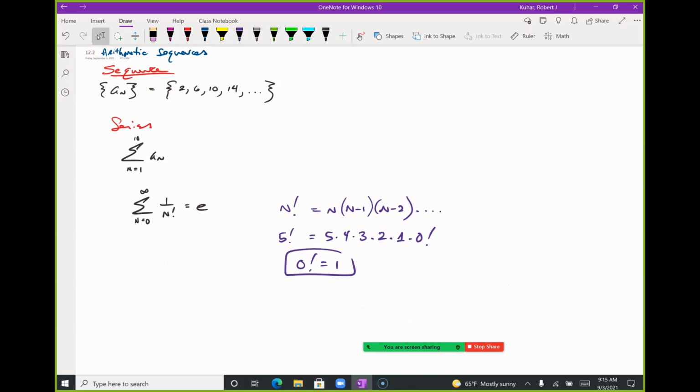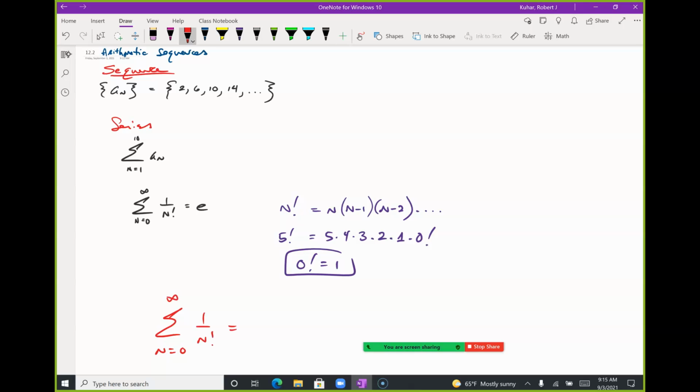So n factorial just means all of the integers as they decrease times each other. The confusing piece is, well, what is this: the sum from n equals 0 to infinity of 1 over n factorial?